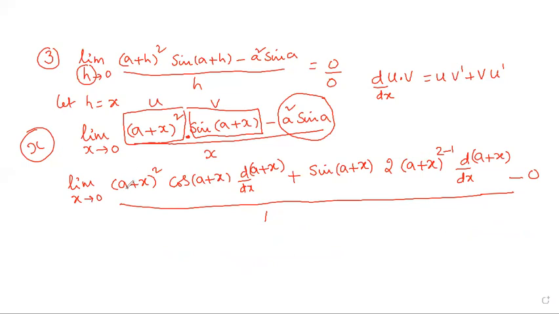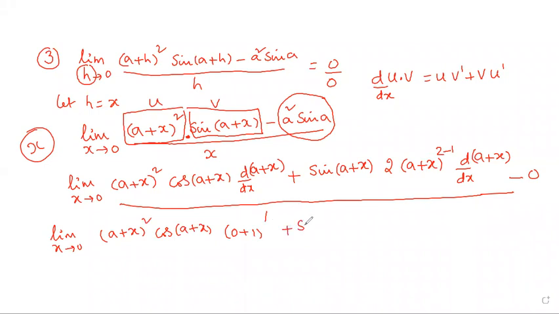Right. You see, first the limit x approaches 0. Okay, na? Right. A plus x whole square cos of a plus x. The middle plus sign is there, so take separate derivatives. A is a constant, derivative is 0, plus dx by dx is 1.